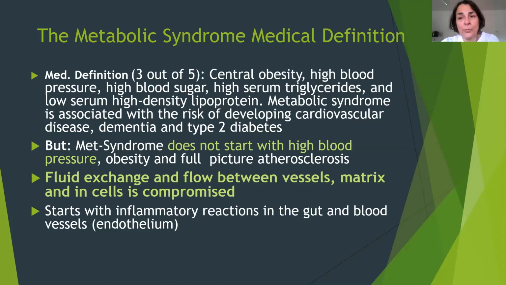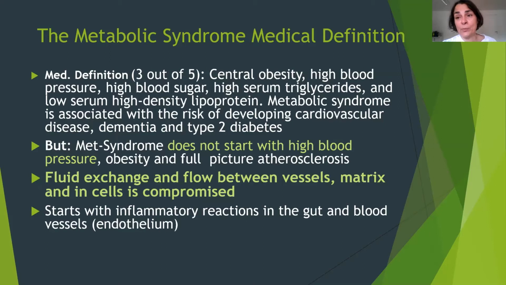Some years ago, 20, 30 years ago, there was a lot of discussion about the metabolic syndrome, which was supposed to be a combination of conditions in the body that led to high blood pressure and cardiovascular diseases. The end constitution was atherosclerosis, the plaques in the blood vessels.